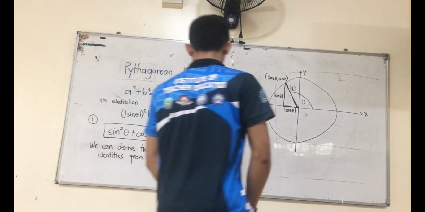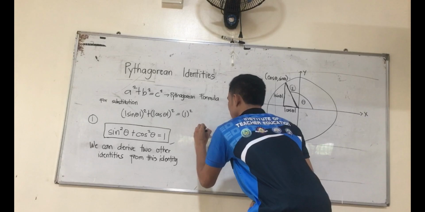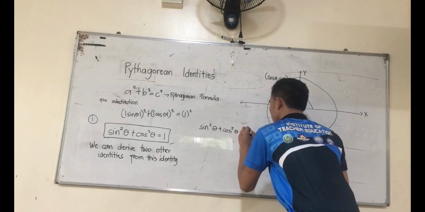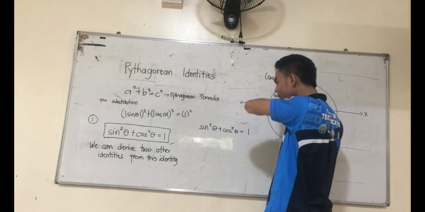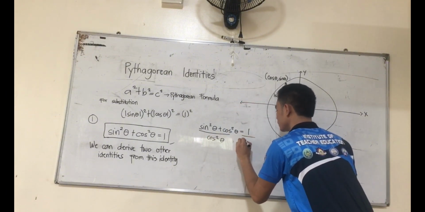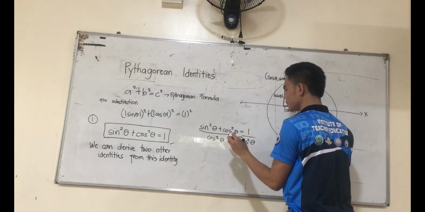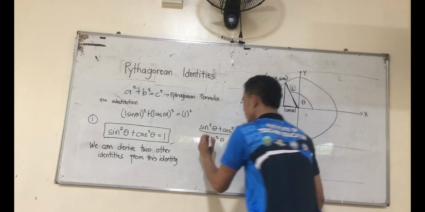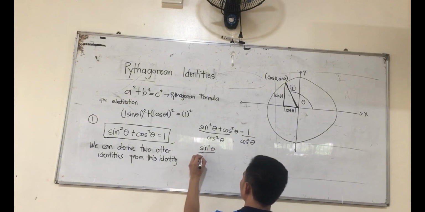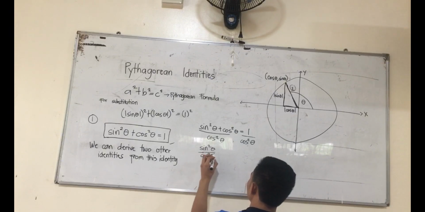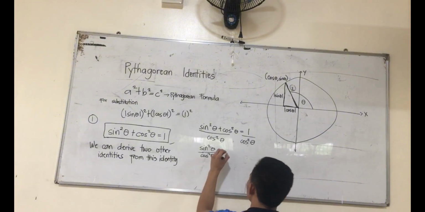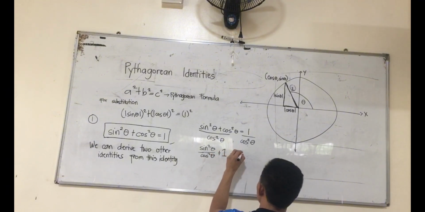Through this identity, we can derive two other identities. So, we use sine squared theta plus cosine squared theta is equal to 1. We divide both sides by cosine squared theta, so that sine squared theta over cosine squared theta plus cosine squared theta over cosine squared theta is equal to 1 over cosine squared theta.